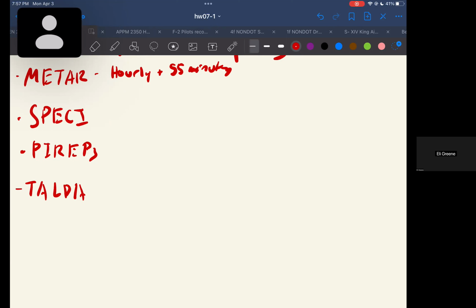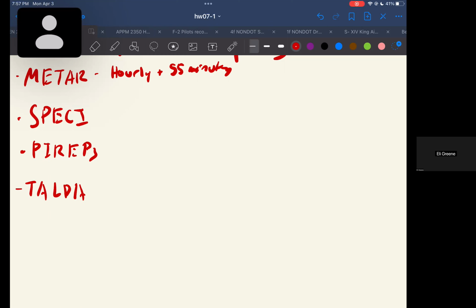It's reported in terms of eighths: 1 to 2 eighths is few, 3 to 4 eighths is scattered, 5 to 7 eighths is broken, and 8 eighths is overcast, so completely covered. Also, SKC is not correct in the METAR. It would just be CLR for clear.